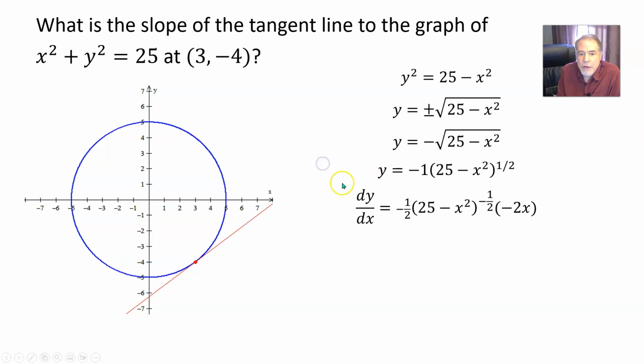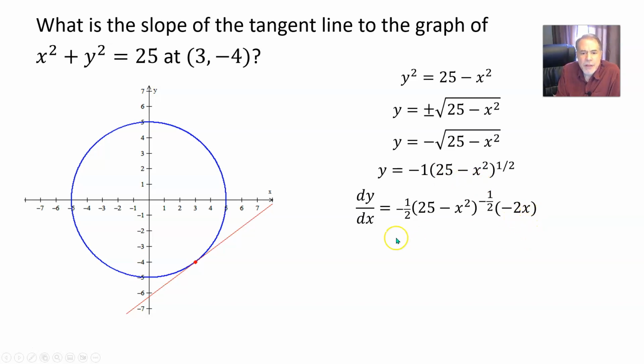So for the derivative, remember, the derivative of something to a power is the power times the something to the power minus 1, times the derivative of the something. So here we end up with negative 1 times 1/2 times (25 minus x squared) to the 1/2 minus 1, which is negative 1/2, times the derivative of 25 minus x squared, which is negative 2x.